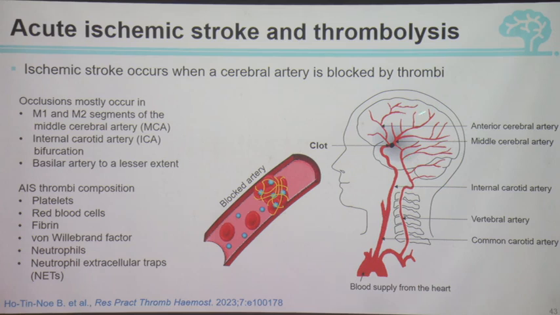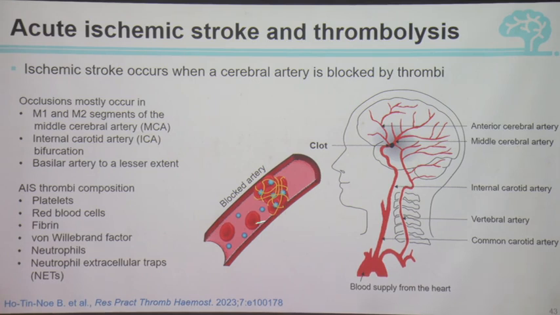Then we have the anterior cerebral arteries, middle cerebral arteries, and the internal carotid artery. This is probably the area where the clot is likely to form. If a clot forms here and blocks these blood vessels, then it can block the blood supply to part of the brain tissue, causing a stroke.